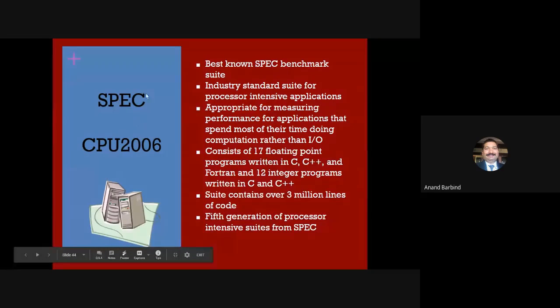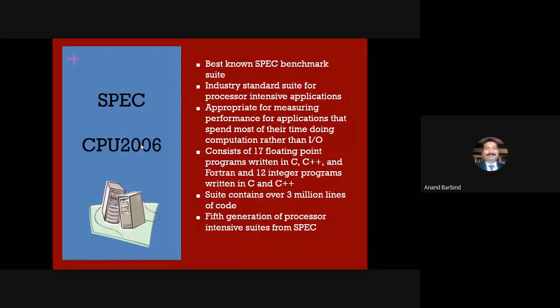One of the suites from SPEC is SPEC CPU 2006, because it was introduced in 2006. Its characteristics: the best known SPEC benchmark suite, an industry standard suite for processor intensive applications.